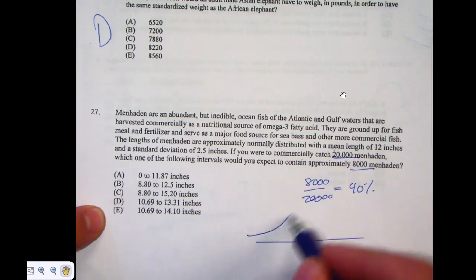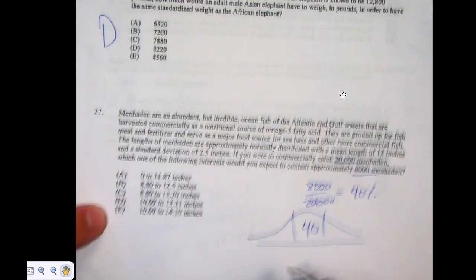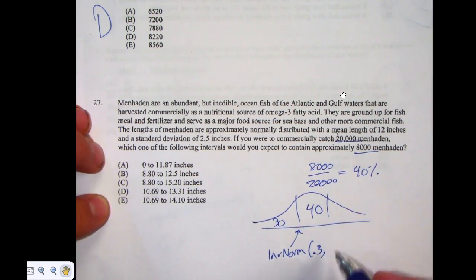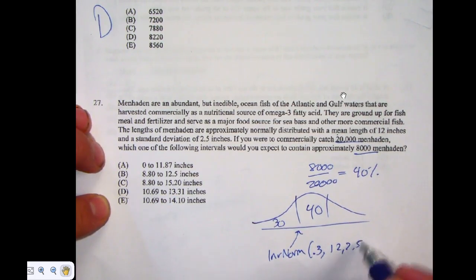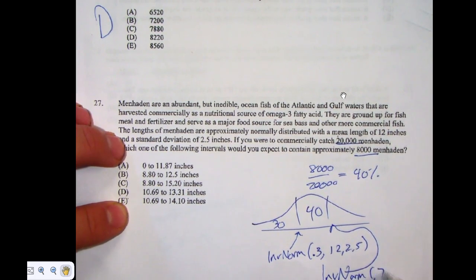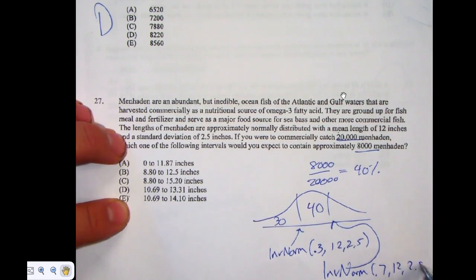Or if I want the middle 40%, this would be inverse norm of 0.3, because there's 30% down there. And then the mean is 12, and the standard deviation is 2.5. This would be inverse norm of 0.7, and then 12 and 2.5.